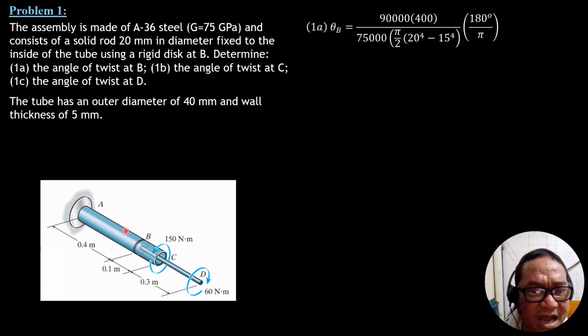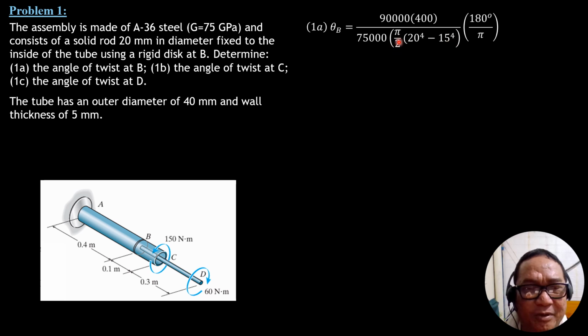And because this is a hollow shaft, the formula would be TL over GJ, remember? So where torque is 90 Newton meter, so 90,000 Newton millimeter. The length is, because that is fixed, 400 mm. Then remember, this is the factor to convert from radians to degrees, 180 degrees over pi. G is 75 gigapascals. In megapascals, to be consistent with the units, 75,000 megapascals or Newton per mm square.